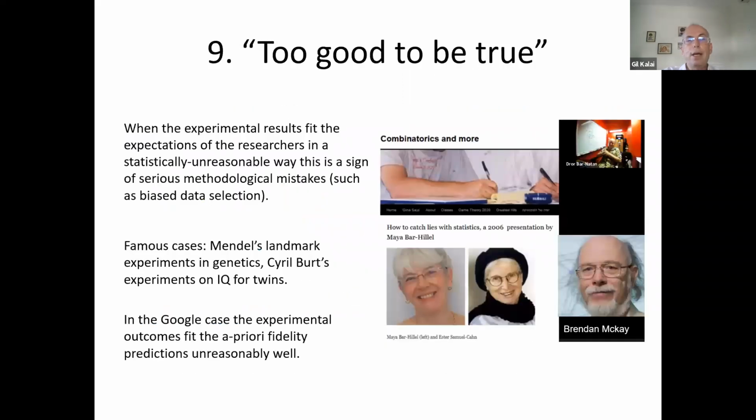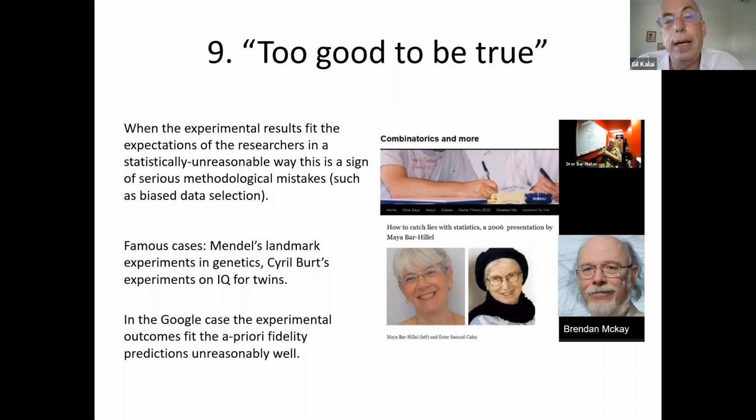I should say, this is a picture from my blog. And here you can see, about 20 years ago, I was involved in another study where we studied a certain statistical claim, and one of the arguments in refuting it was that some aspects of it were too good to be true.